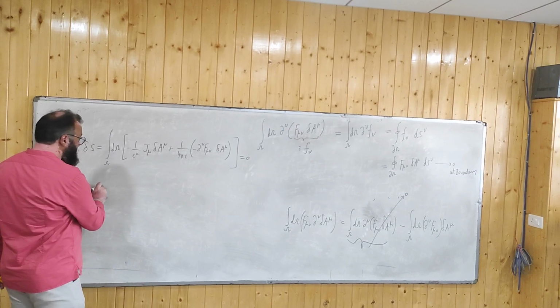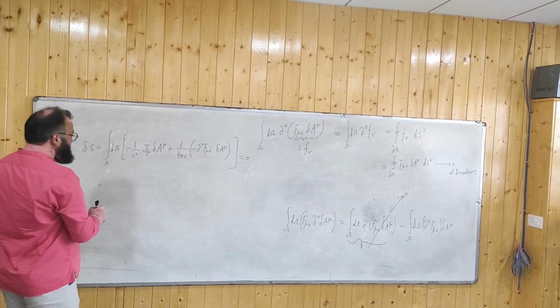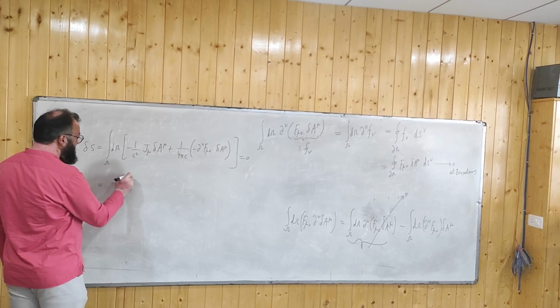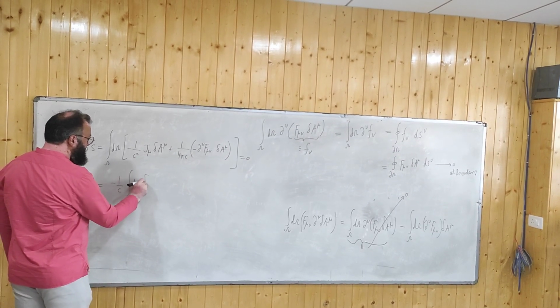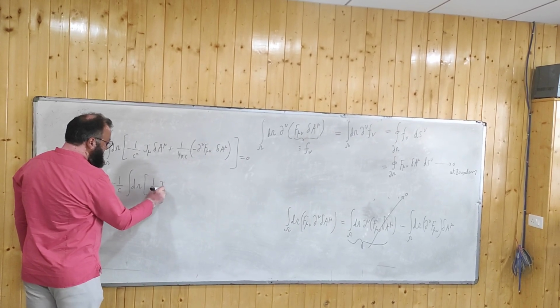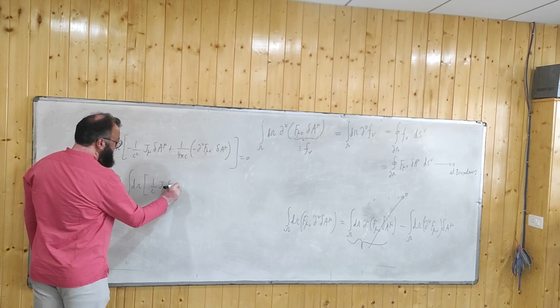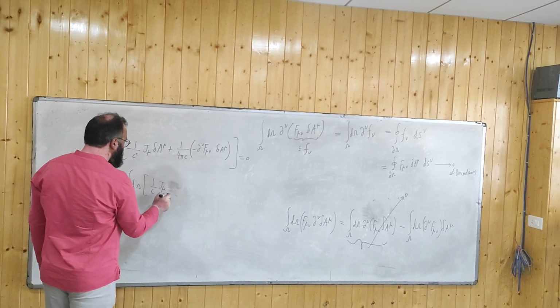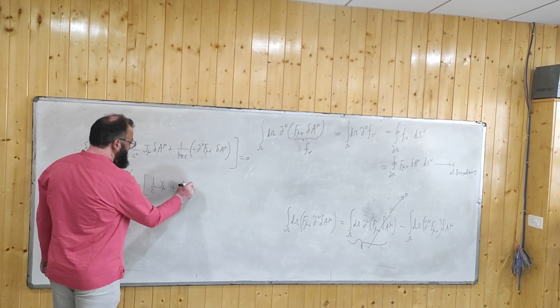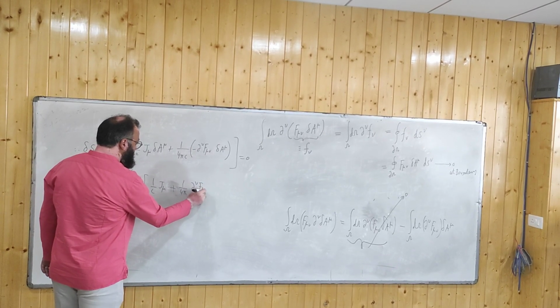Now let's take minus 1 by c out, then you have d omega, like this: 1 by c J mu delta A mu, plus 1 by 4 pi partial mu F mu nu.